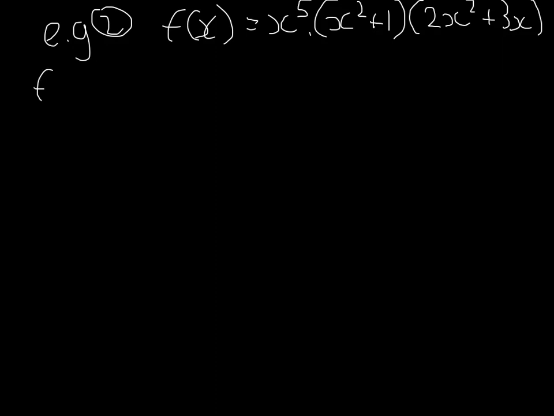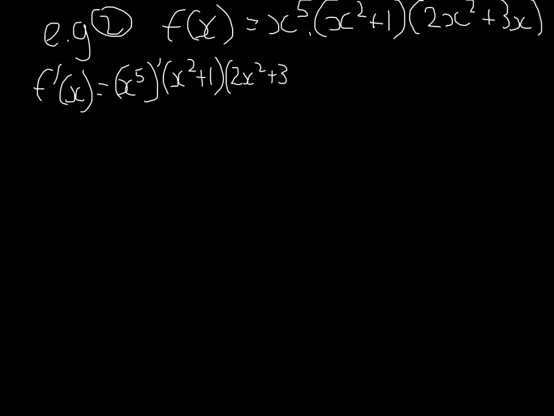Okay, so first off I'm going to mark out where I'm going to be taking the derivative of each function. So first you go the derivative of x to the power of 5 times x squared plus 1 times 2x squared plus 3x.